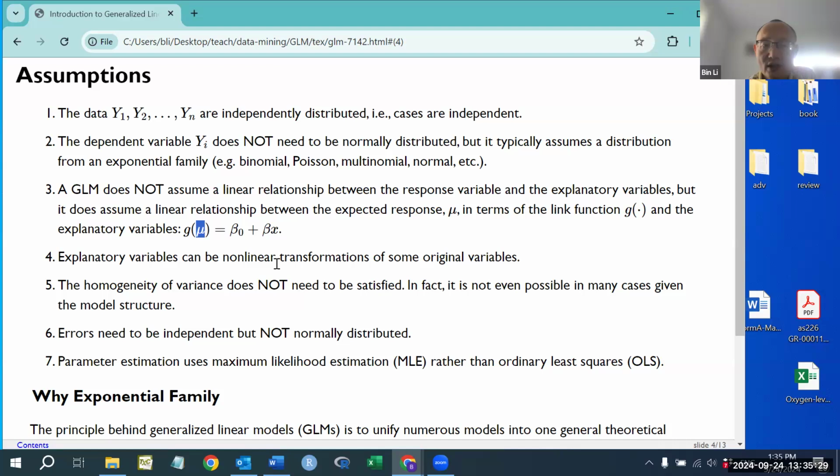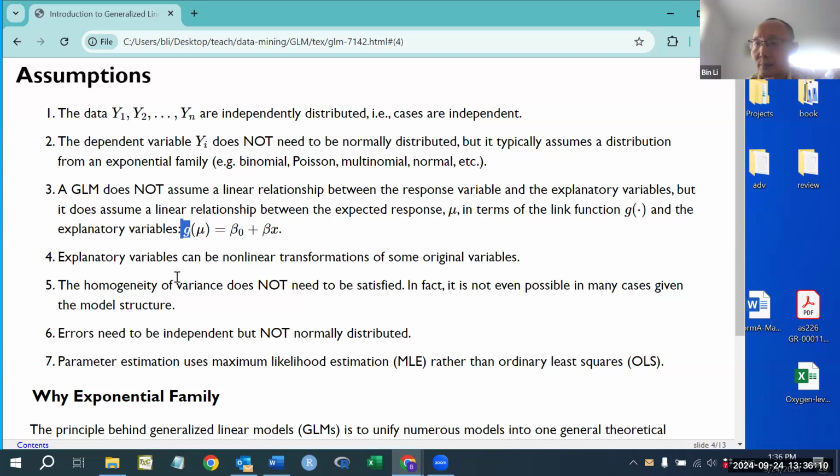And the homogeneous variance assumption, which is required in OLS, does not need to be satisfied. Actually, for some of the GLM models, if the homogeneous variance is satisfied, that actually breaks the assumption. Because we have a link function, let's say if the link function is nonlinear, like a log function, then the homogeneous variance assumption should not hold.